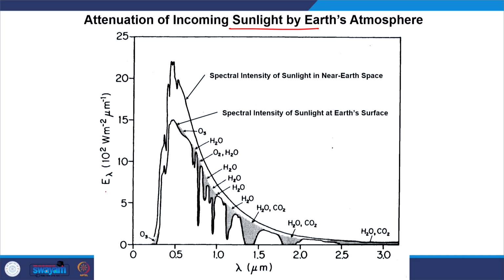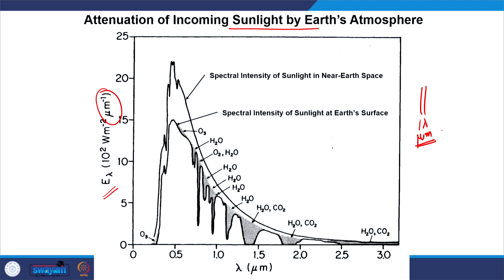And E lambda is the amount of energy per unit time, per unit surface area within d lambda of 1 micrometer. For every 1 micrometer of spectral window, this figure is generated.